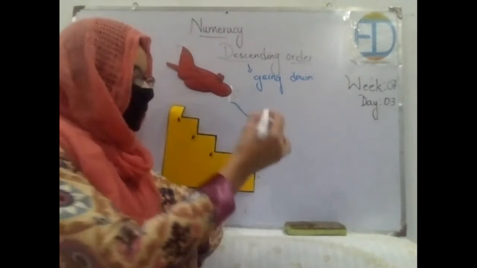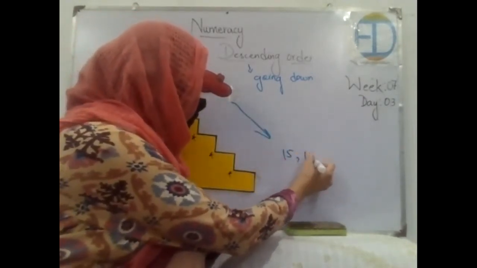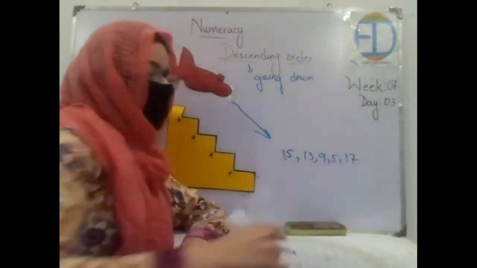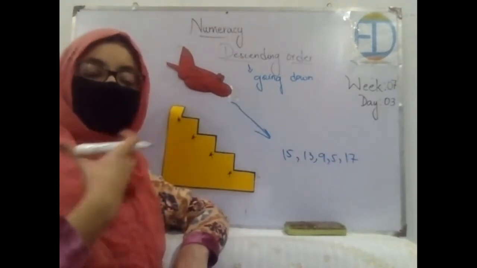The very first numbers are these five numbers, and you are supposed to write them in descending order.